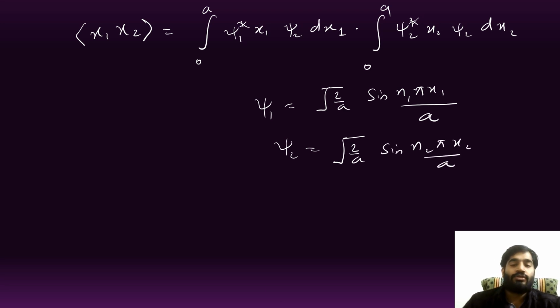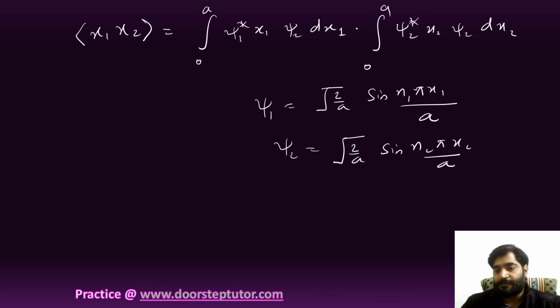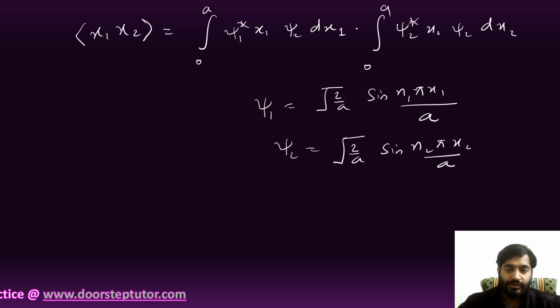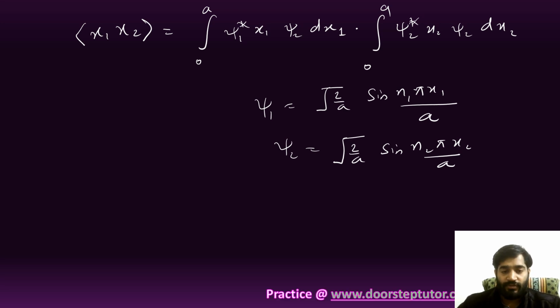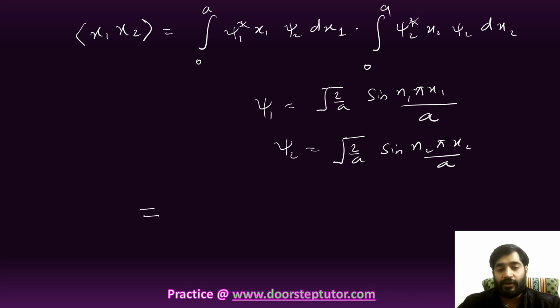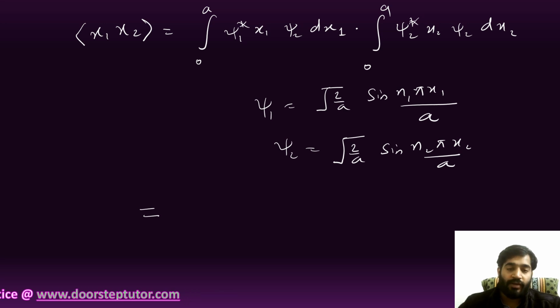So one thing you can do is just put the values and integrate, but this is going to be a long process. But remember one thing: whether it's the ground state, first excited state, second, third, fourth, or nth excited state, when we talk about the infinite square well, the average position is going to be half of the width of the well.